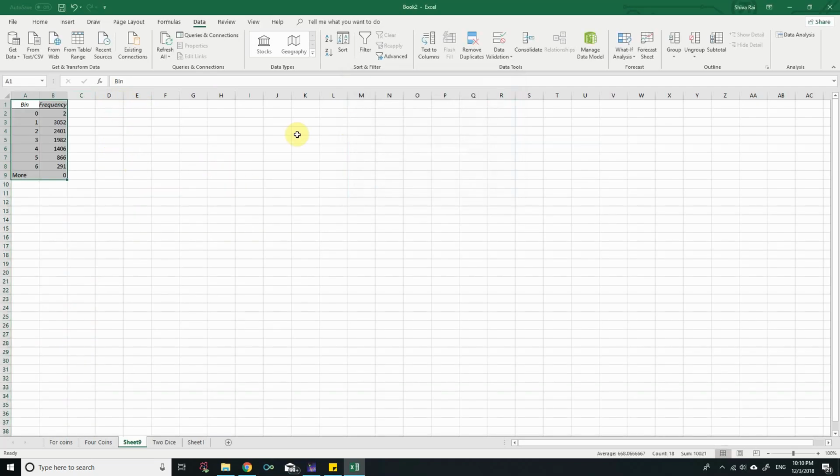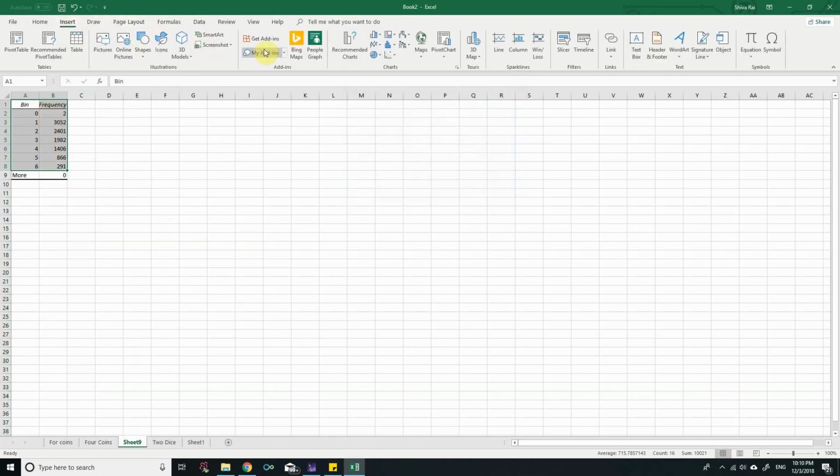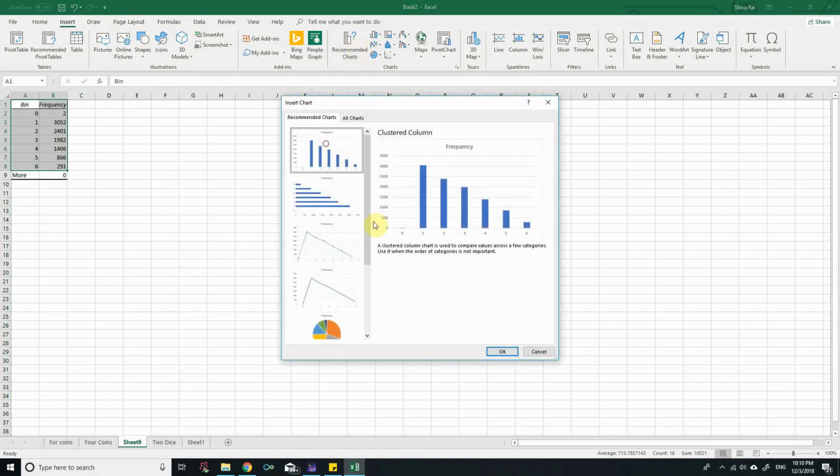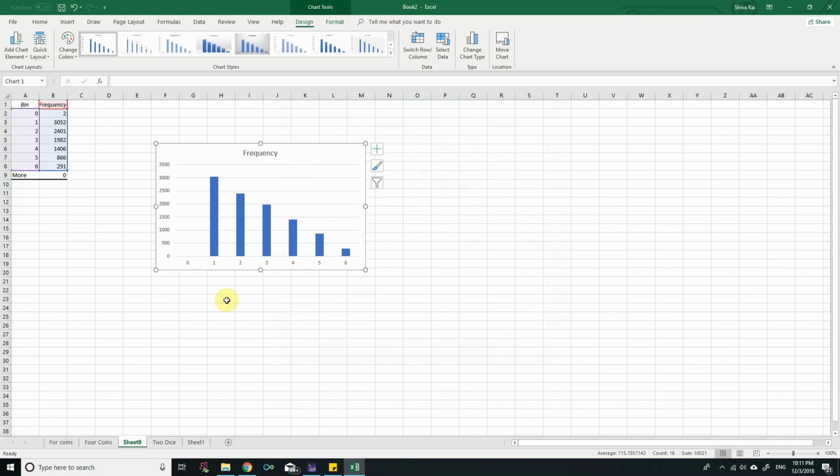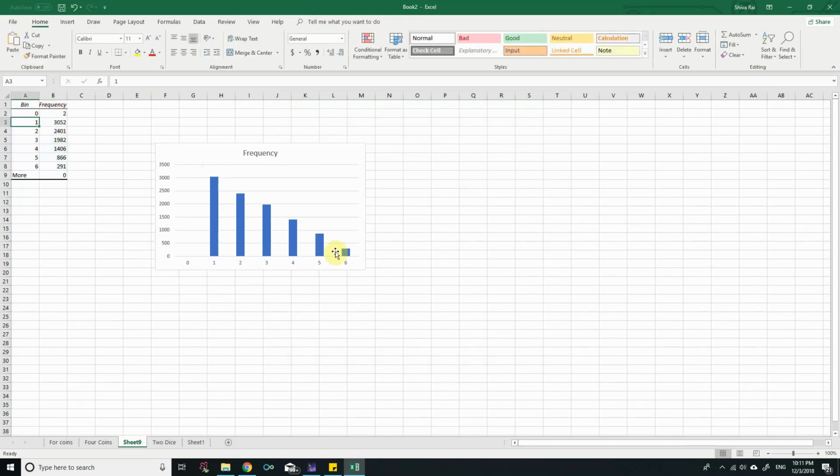Okay, click on OK. So we get this as our table. Select the table, then everything is covered. Insert, recommended charts, go for this one, click on OK. You can see that this is kind of different. One is the minimum, that's quite apparent.